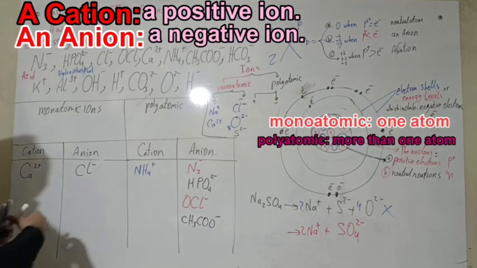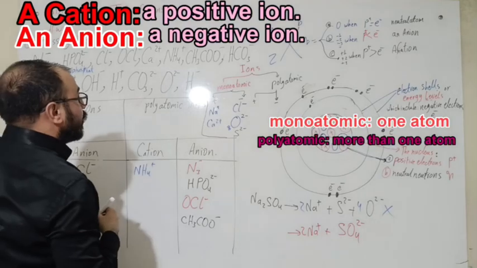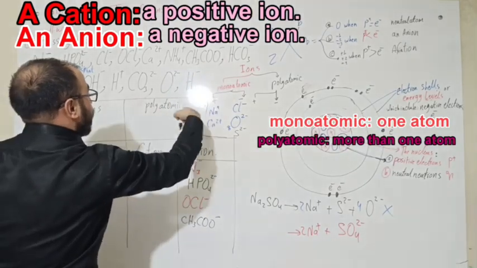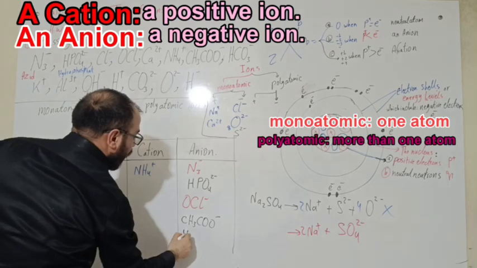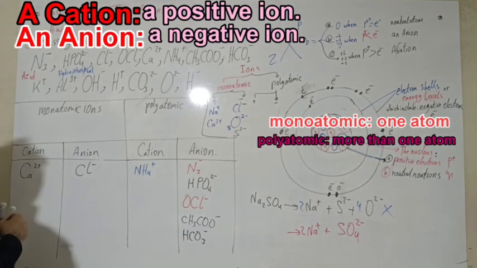What about the other one? The other one is bicarbonate or hydrocarbonate. It's an anion, and it's polyatomic, HCO3 minus.